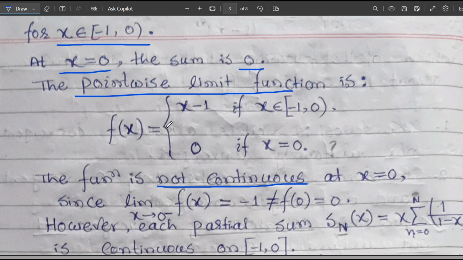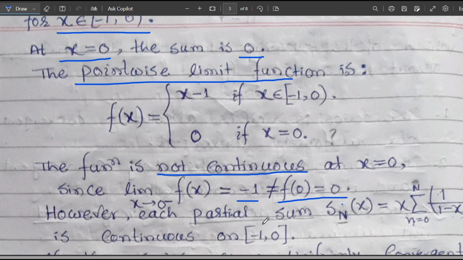So all the values left of 0 give -1, but at 0 it gives 0. It has two different values, -1 and 0, on the closed interval -1 to 0. That's why this is not continuous.